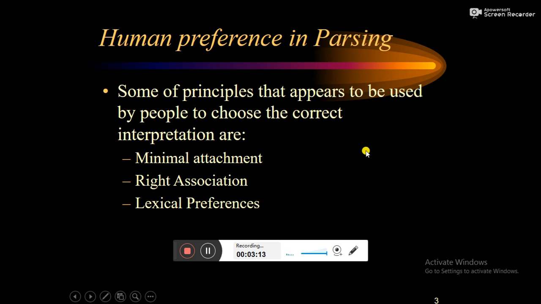So the three principles are given: minimal attachment, right association, and lexical preferences. Out of which we'll go through the first, that is the minimal attachment principle.